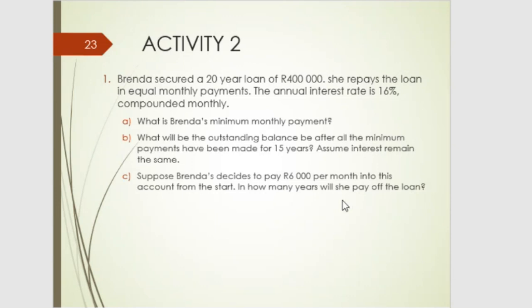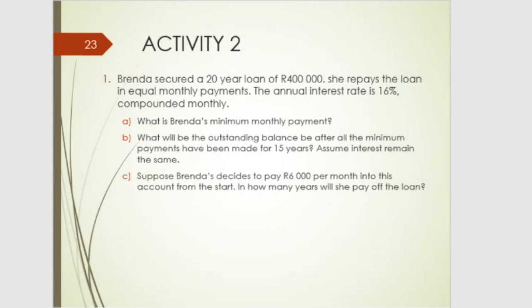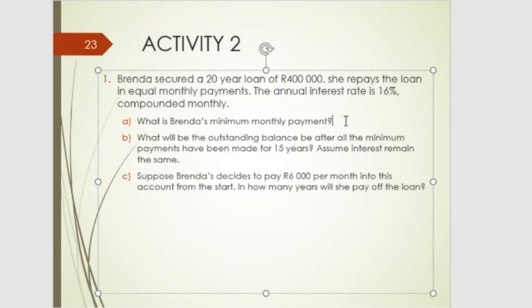In how many years will she pay off the loan? I think this question is kind of similar to the previous one that we did. But let's do it so that at least it can help you. If you've identified you struggle somewhere, you'll see when we do this one whether it helps you or not.